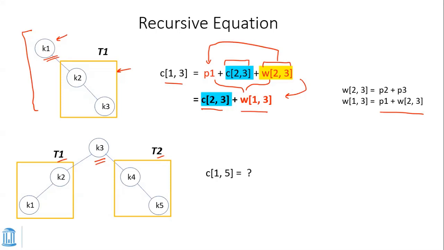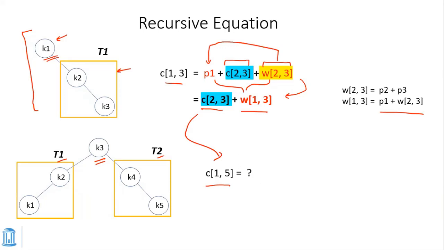Based on this, what would be the equation for the total cost of searching for keys 1 through 5 on this BST, which now has a root K3, a substructure T1 and a substructure T2? We're going to use a recursive solution for this.